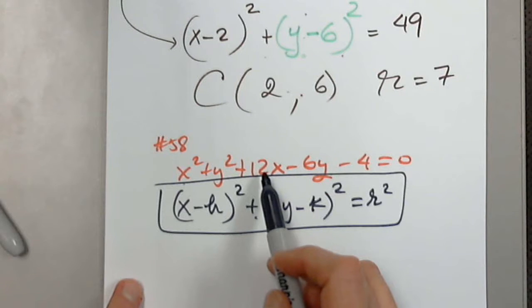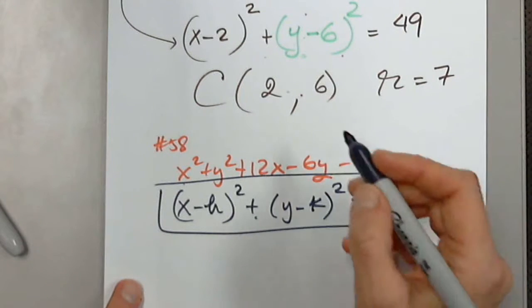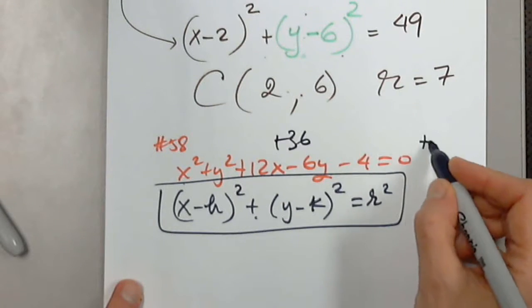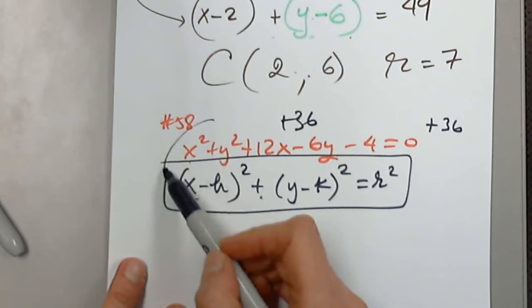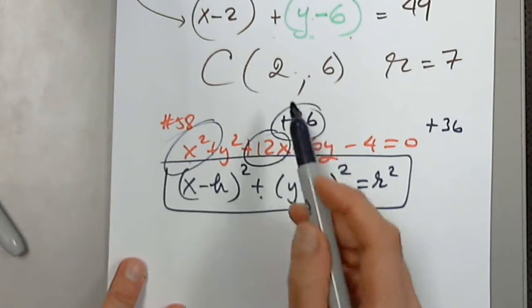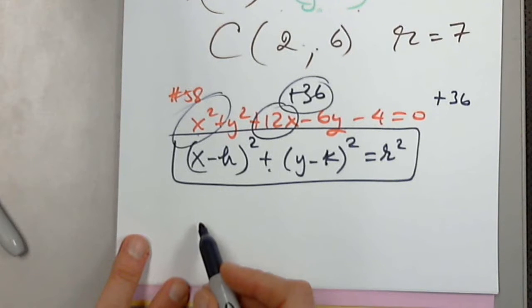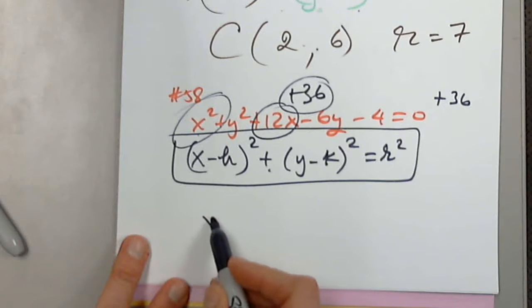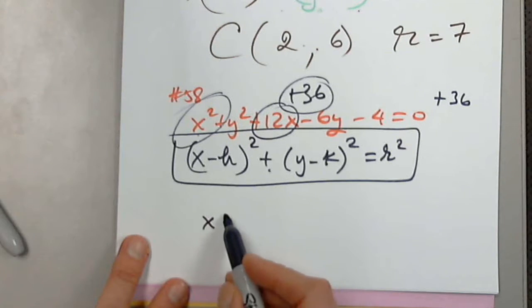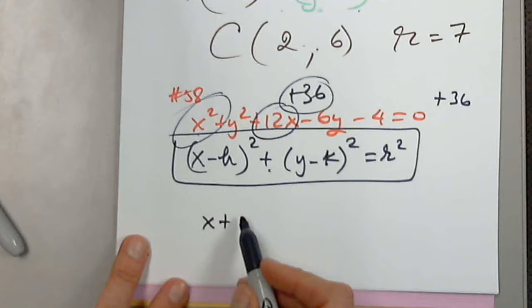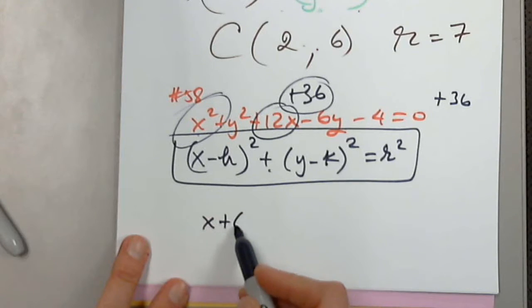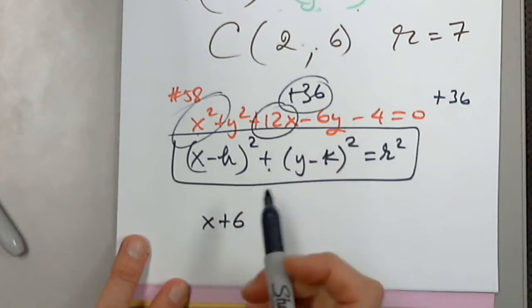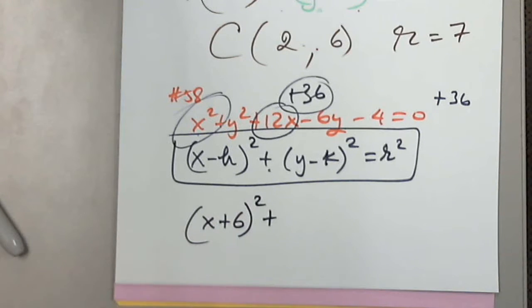So 12 divided by 2 is 6. 6 squared is 36. So now this and this and this are what? Right, what you squared to get 36. That has to be. And then plus.